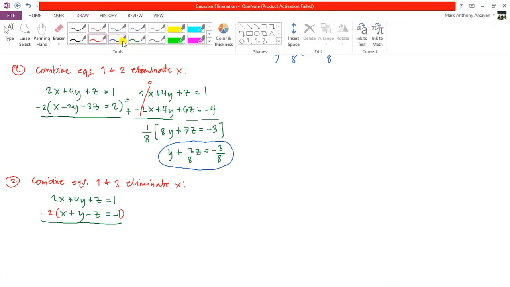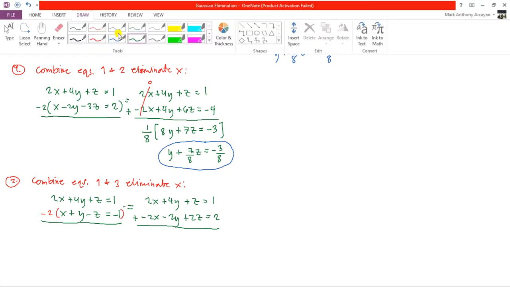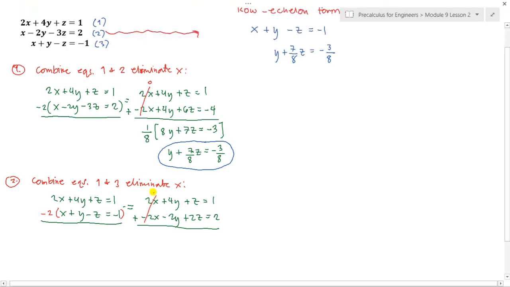So, multiplying negative 2, this would become 2x plus 4y plus z is equal to 1. Here, negative 2x minus 2y plus 2z is equal to 2. Then, adding, makancel na po ni siya.